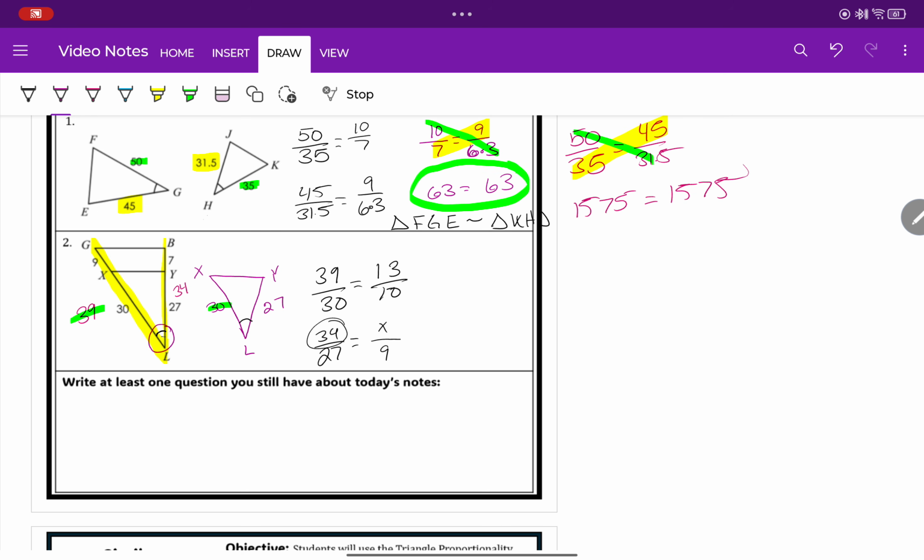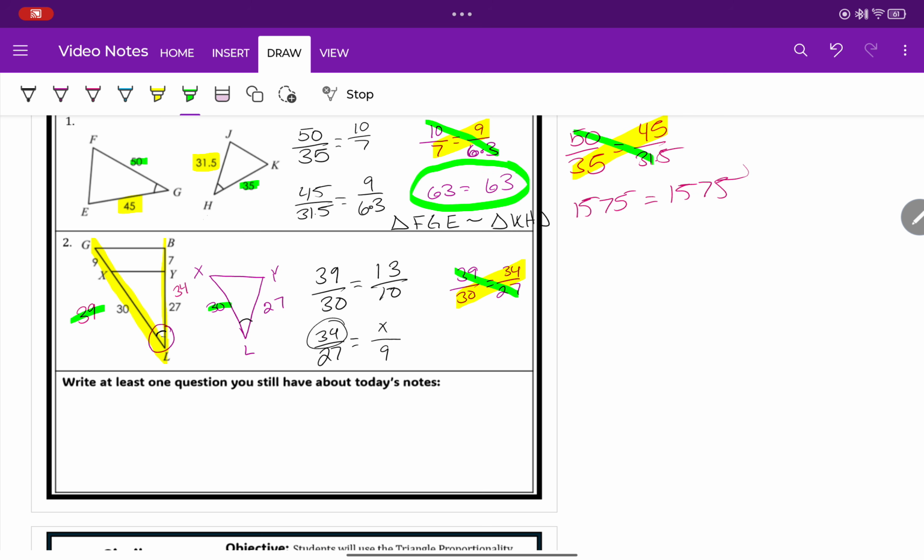So in order to double check if they're similar or not, I'm going to cross multiply like before. But I'm going to use my whole numbers or my unsimplified versions because I wasn't able to simplify both fractions.